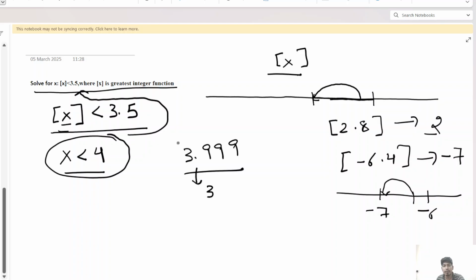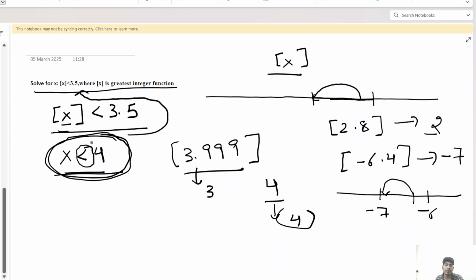The greatest integer function is 3, and when we get 4, then it becomes 4. So here it is only strictly less than. So for all values of x less than 4, this greatest integer function inequality holds.